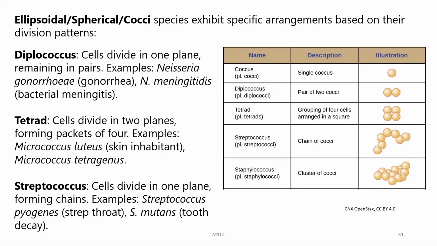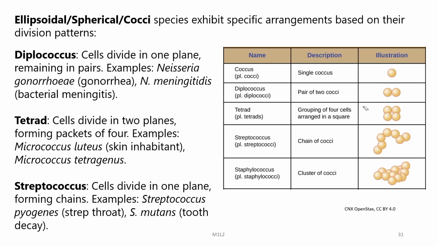These ellipsoidal bacteria exhibit specific arrangements based on their division patterns. For example, you can see cocci existing as a single cell or single coccus, as you can see in this figure, and then they may also appear in pairs.